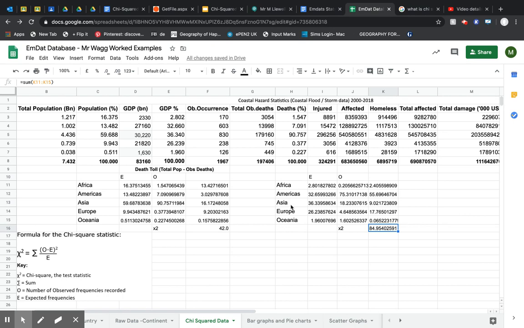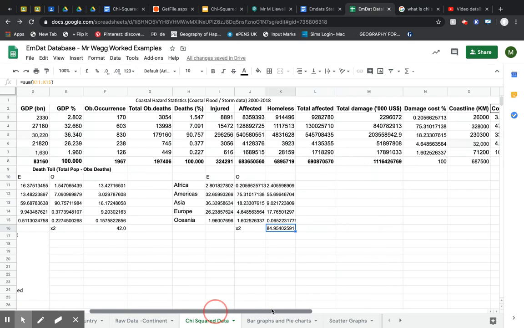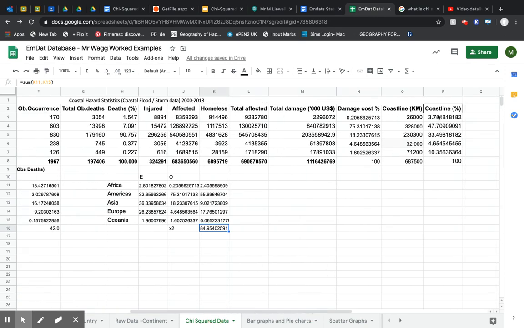And look, this is going to be the same degrees of freedom, so it's going to be way over that number, which means that we can say that those data sets do not match. That is not the expected. So there's something else influencing the GDP. So that could be the level of development. It could be lots of other factors there that mean it's not.